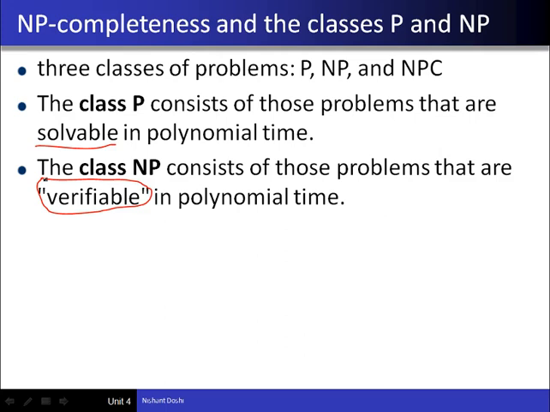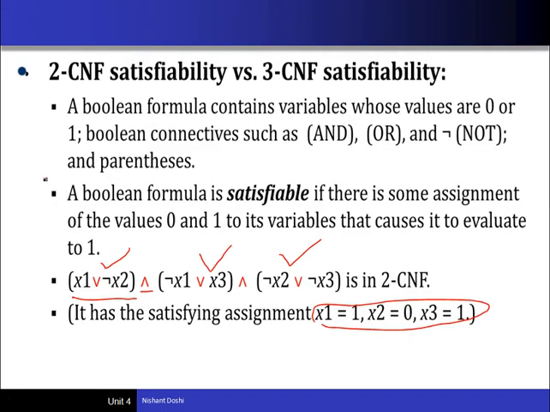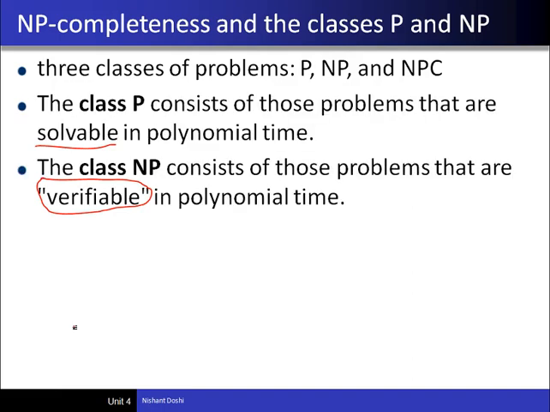Like in the previous case, even for 3 CNF, if we give you any particular assignment of x1, x2, x3, can you verify whether it's a solution or not? Yes, you can put the values in and check whether you get 0 or 1. If it is 1, it's a solution. If it is 0, it's not a solution. In polynomial time, you are able to verify whether the solution is correct or not. So that is the class NP.